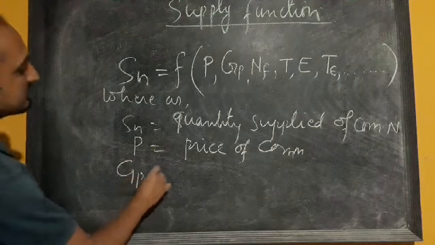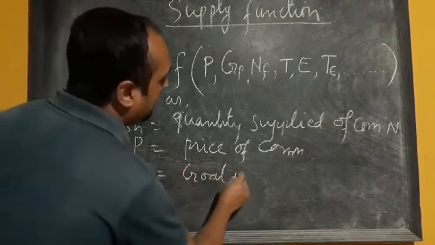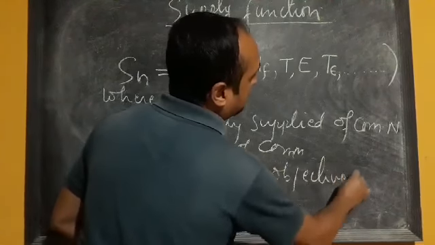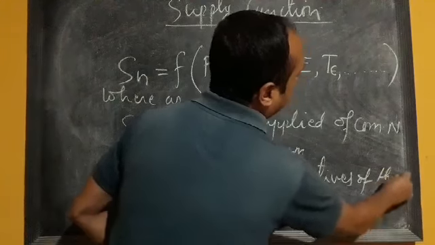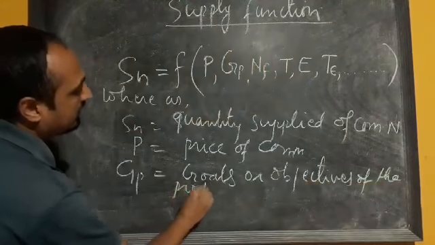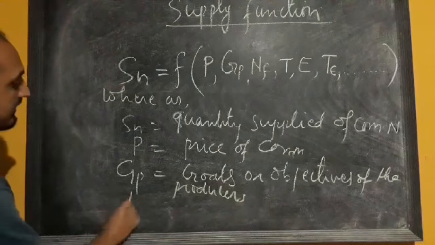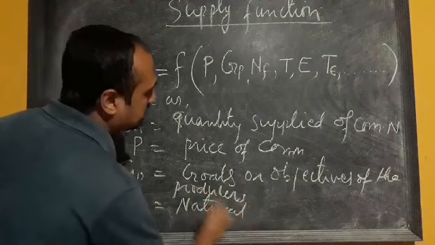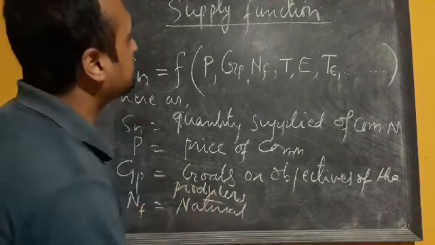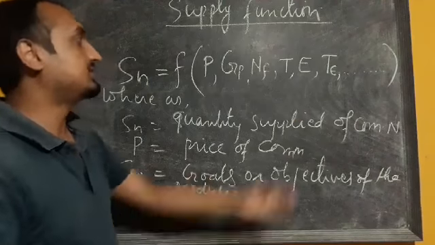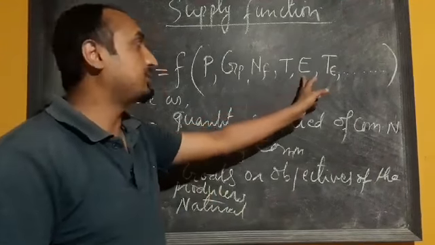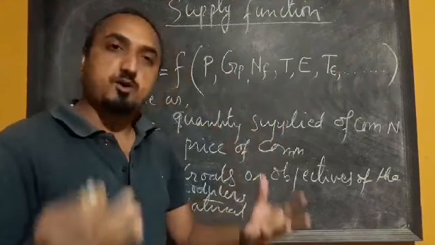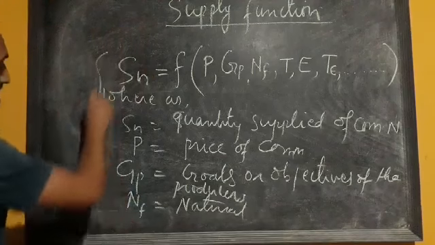Then GP represents goals or objectives of the producers. NF means natural factors. So natural factors also affect the quantity supply of a commodity. Similarly, T represents taxation policy. E is the expectations regarding future prices. TE represents technology used in the production process.